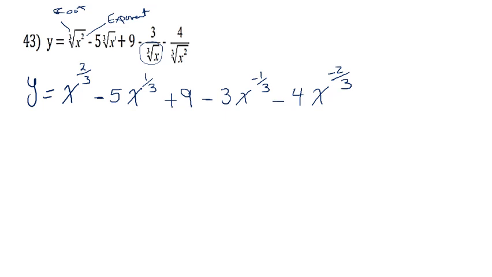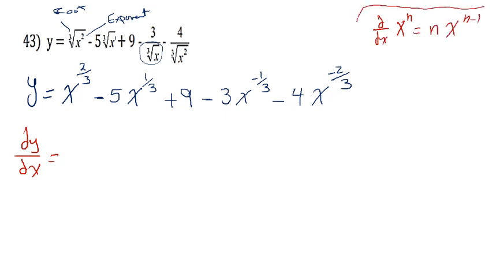So it's easy right now to find dy by dx, the derivative with respect to x, or the first derivative of the function y. If you have x to the power of n, then d by dx of x to the power of n is n x to the power of n minus 1. I put down the power and subtract 1 from the exponent. So it's 2 over 3 x to the power of 2 over 3 minus 1.